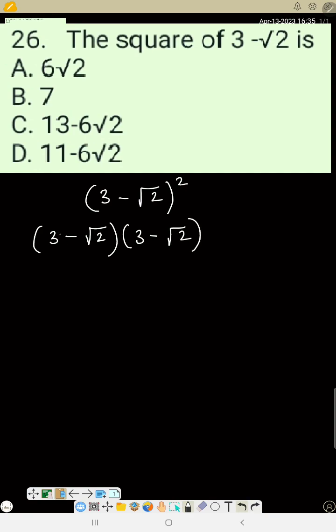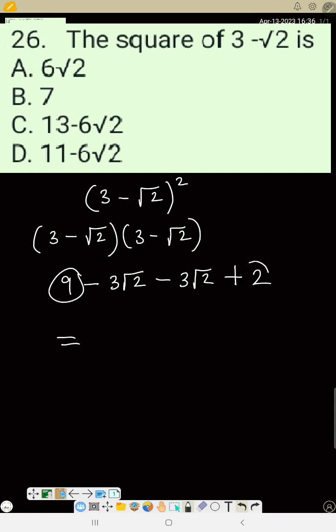So now expand. So that will be 3 times 3, 9. Minus 3 times root 2, 3 root 2. Minus root 2 times 3, 3 root 2. So minus times minus is plus, then root 2 times root 2, that will be 2, or root 4, you still get 2 the same way.